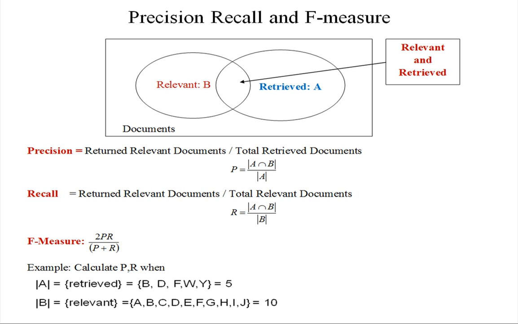The basic part is precision, recall, and F measure. Suppose in a document space, this is retrieved and this is relevant. For example, we will go through this example.